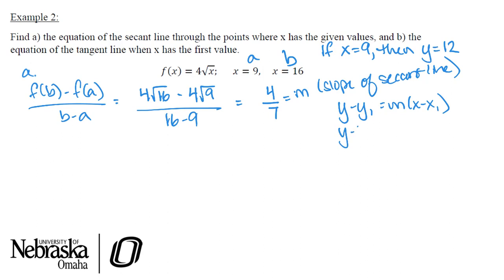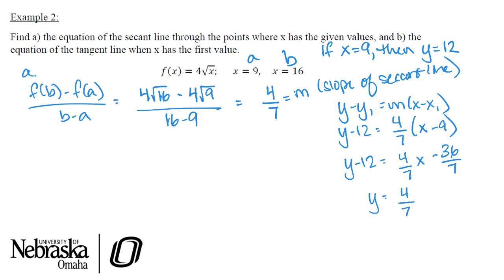So we would get y minus 12 equals 4/7 times x minus 9. We want to distribute our 4/7. And if we add 12 to both sides, we get 48/7.